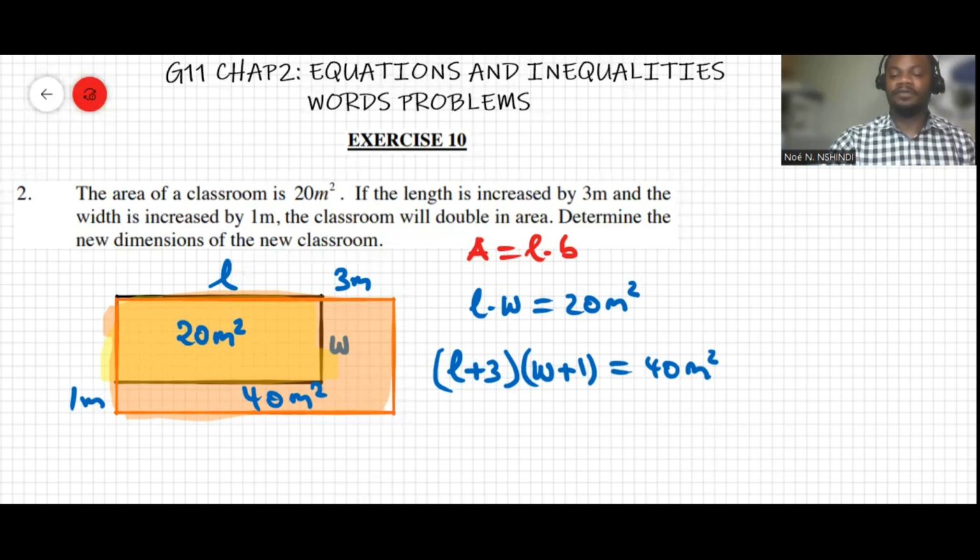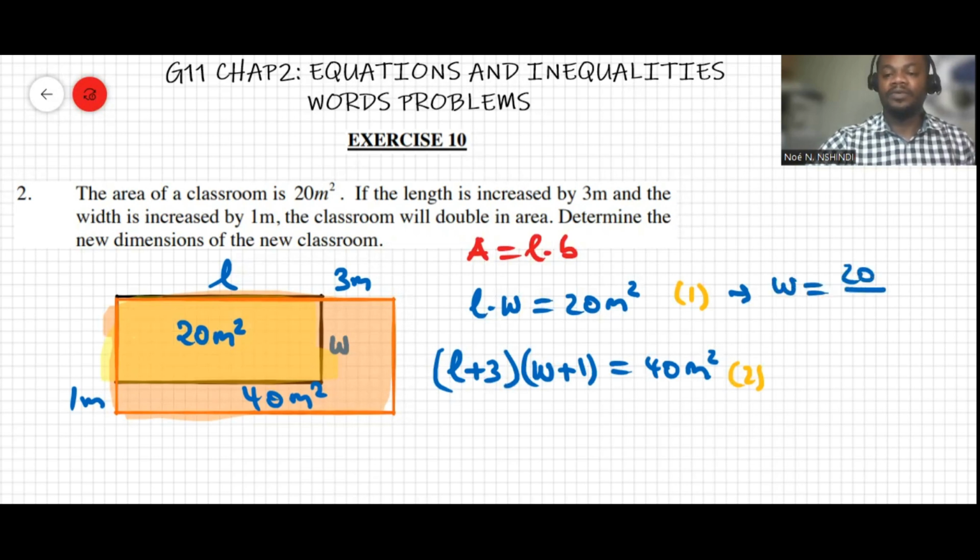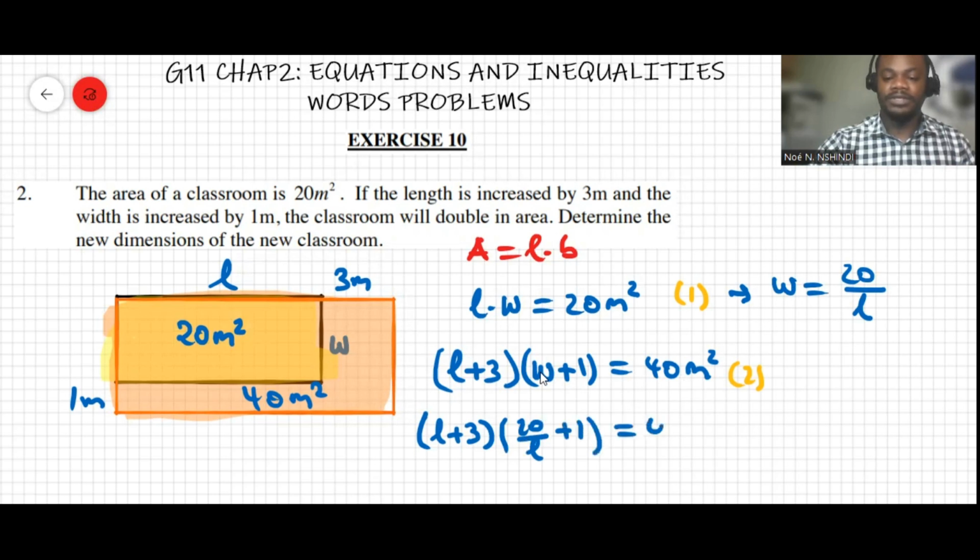So we need the dimensions of the new classroom. We can call it equation 1 and equation 2. From equation 1, we can express the width W in terms of the length. It's going to be 20 over L. Then we can substitute that formula over here, and this will be L plus 3 times 20 over L plus 1 equal to 40.